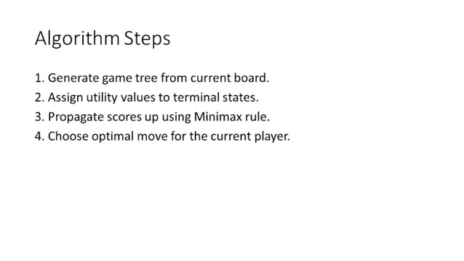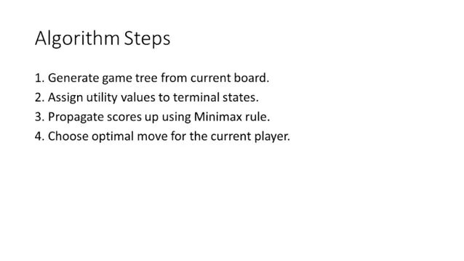What are the algorithm steps? How to implement the min-max algorithm? First, we have to generate the tree of our current board of the Tic-Tac-Toe game. The current blank position will be the root node of this tree. Then assign the utility values to the terminal states. Utility value is the winning, losing, or tie position. These are the terminal values, that is the final state of the board.